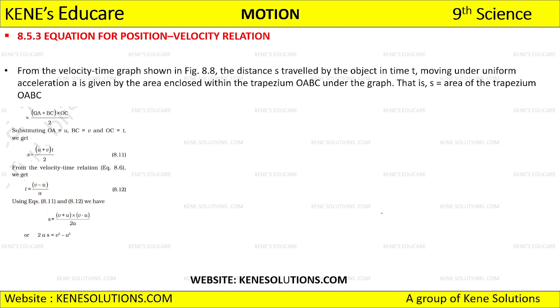We have allotted u and v as initial and final velocity. From the velocity time relation, we get t is equal to (v minus u) upon a through equation 8.6. Here we are going to use equations 8.11 and 8.12, and using that we get the formula s is equal to (v plus u) multiplied by (v minus u) upon 2a.